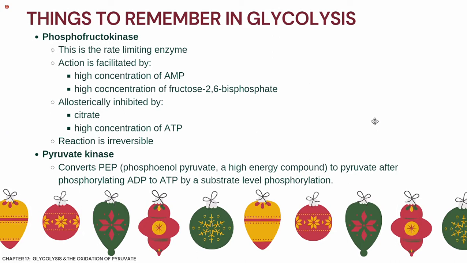So these two are not really antagonistic, but they have opposite action. When there is so much glucose in the blood, insulin is secreted. When there is no more glucose in the blood, or there is very low glucose in the blood, glucagon is secreted. You get that?